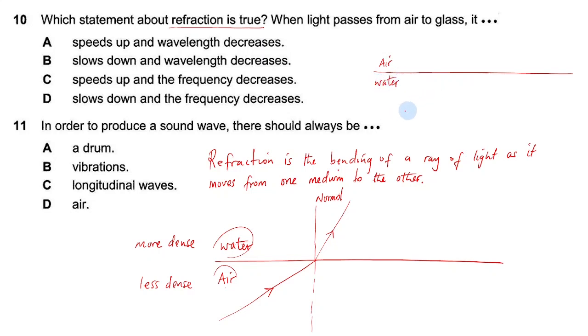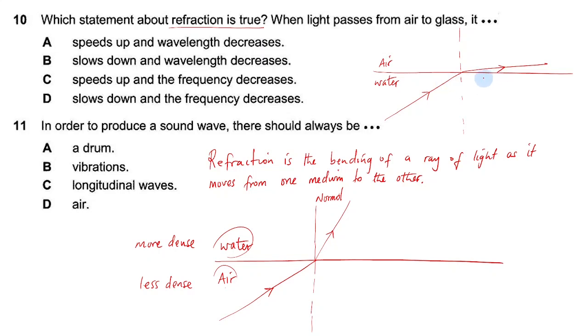Now, if a ray is moving from water, more dense, and reaches this boundary, we draw a normal. So this is a ray of light. It will not bend towards the normal, but it will bend away from the normal. So the ray will go like that when it is moving from a more dense medium to a less dense medium. So it will bend away from the normal.